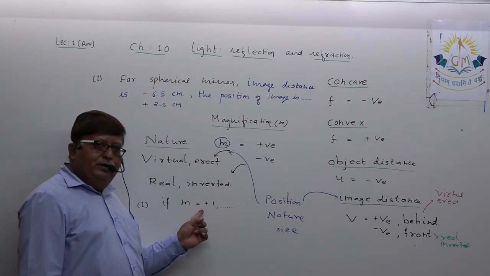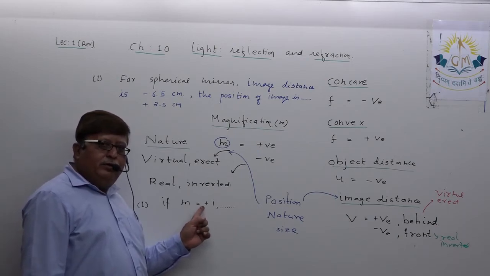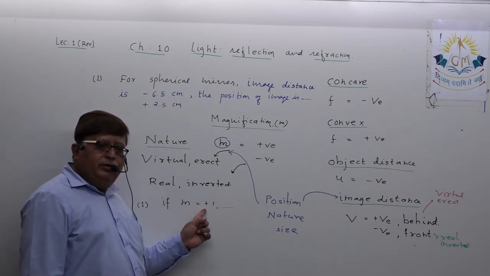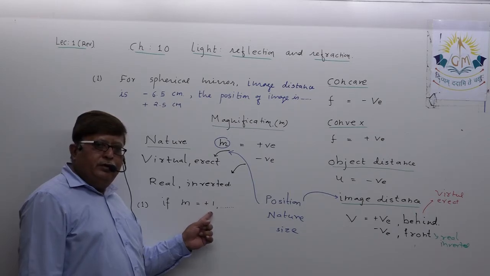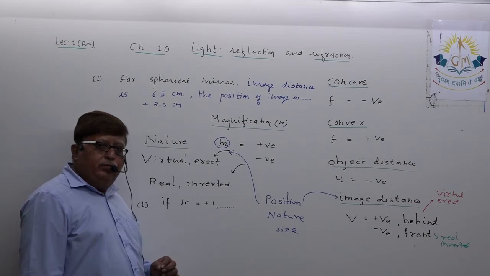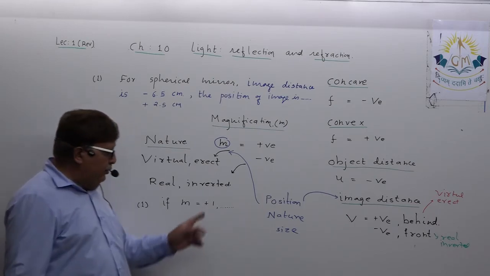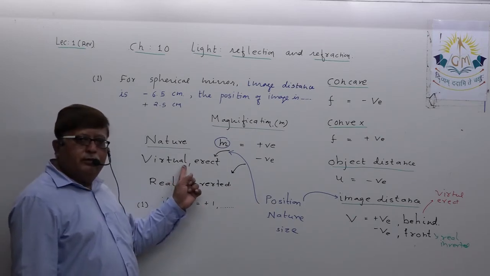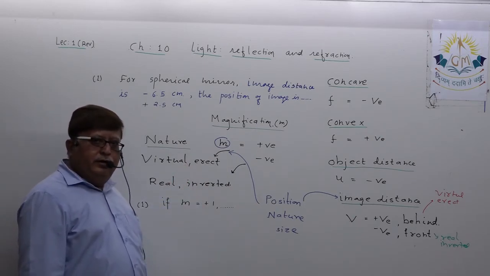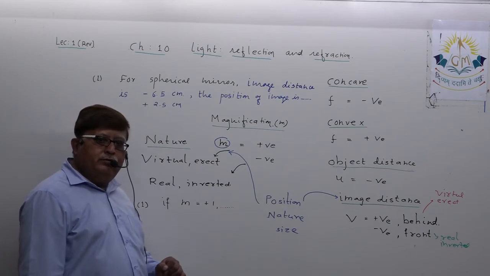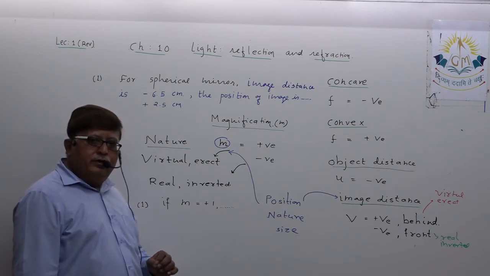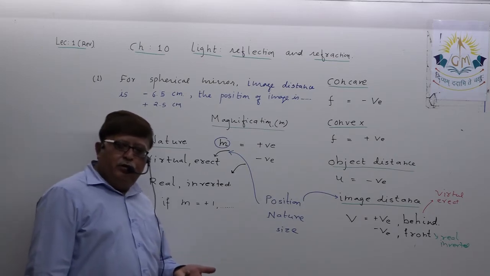I have already mentioned not only the sign of the magnification but the value also. M equal to plus 1. Try to clear your basics. Plus means virtual and erect. 1 means size of the image is the same as the object size.